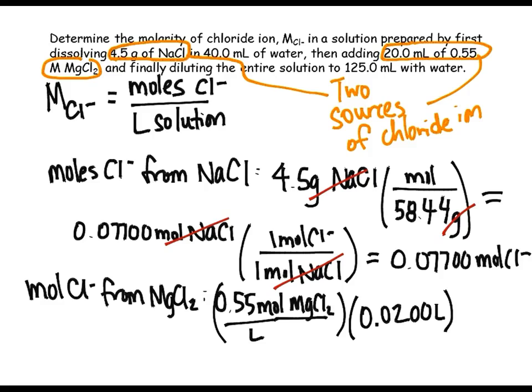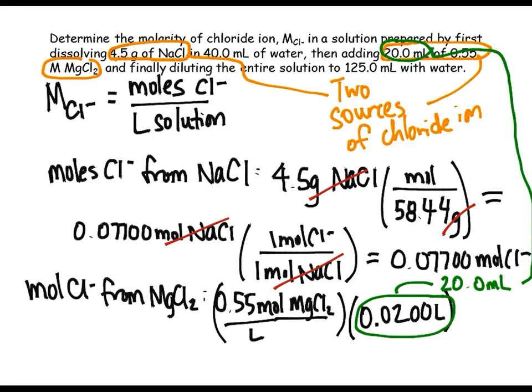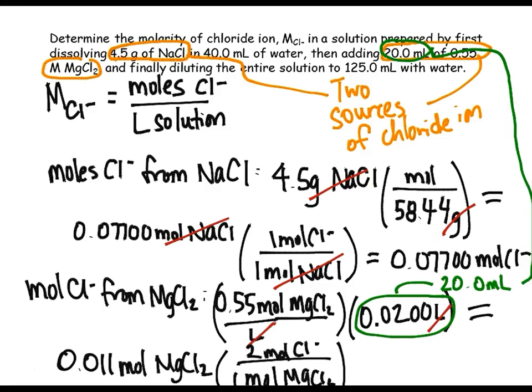So what we're going to do with it is multiply it by the volume, which is 0.0200 liters. That comes from the 20 mL that you're given. I converted it into liters by moving the decimal over 3 to the left, dividing by 1,000, same thing. Liters cancel, and we're left with 0.011 moles of magnesium chloride.